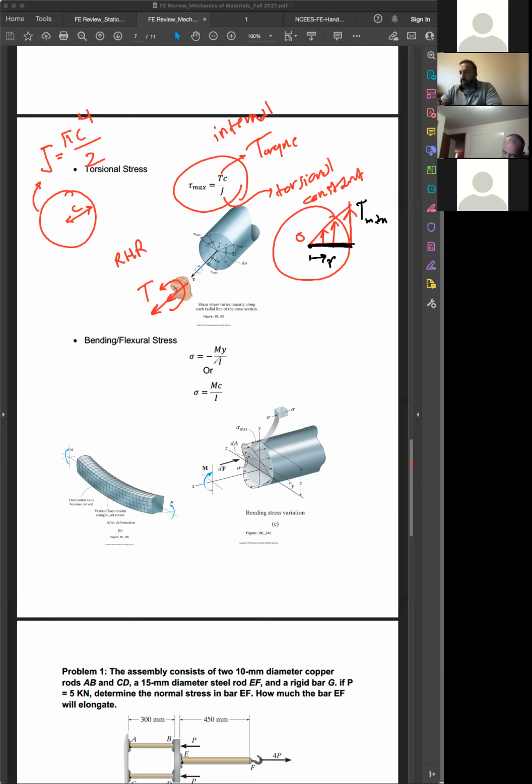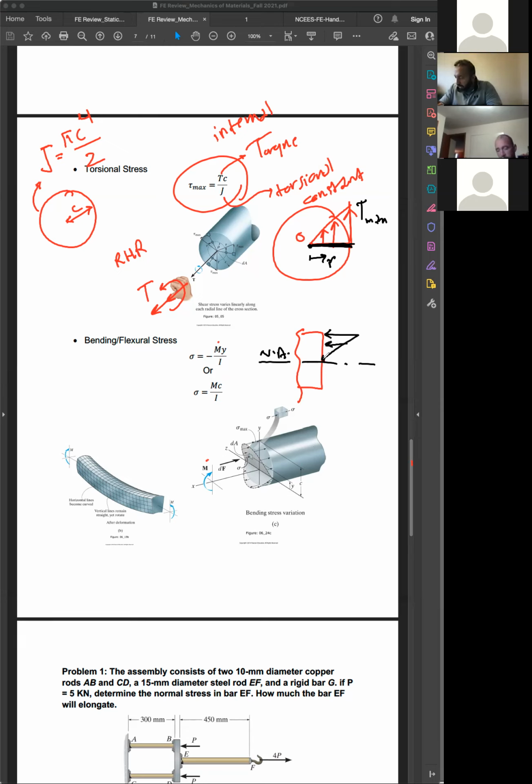Bending stress would be this formula. Bending stress is a result of applying the bending moment, internal bending moment, in the system. The formula is My/I. So the bending stress in one section would be something like this. If I look at this cross section, and this is your neutral axis, it is maximum on one end.